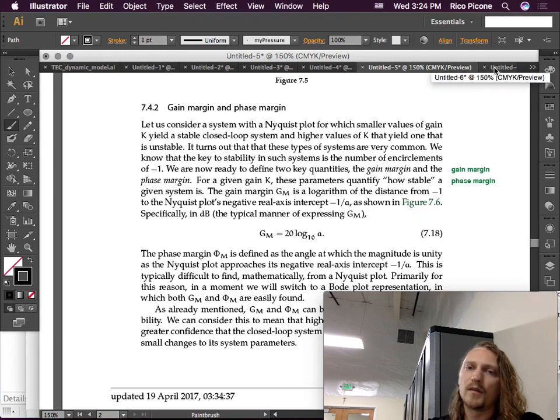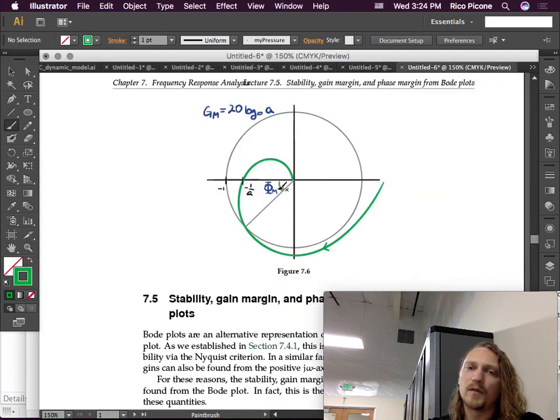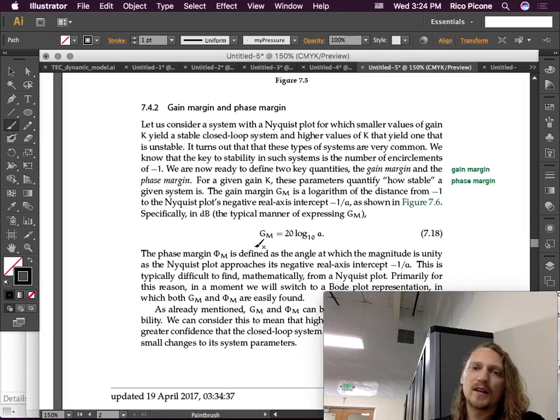So if we go to the figure, we see that the distance to this point is -1 over a. I'm just calling it that. This intersection here, this intercept with the real axis, specifically then in dB, the typical manner of expressing the gain margin, we express it as 20 log base 10 of a.